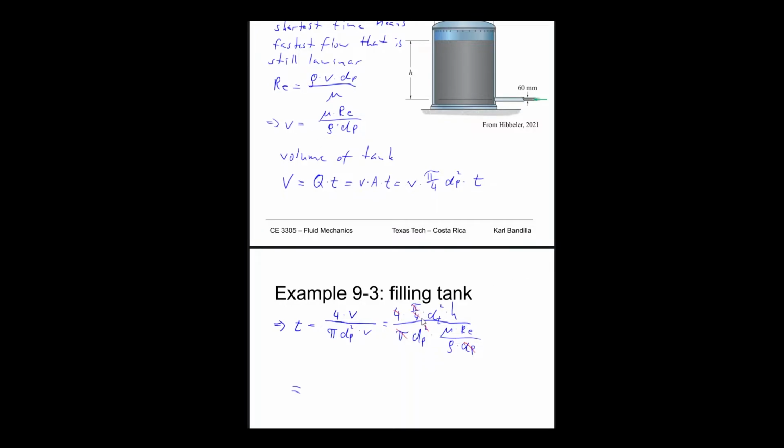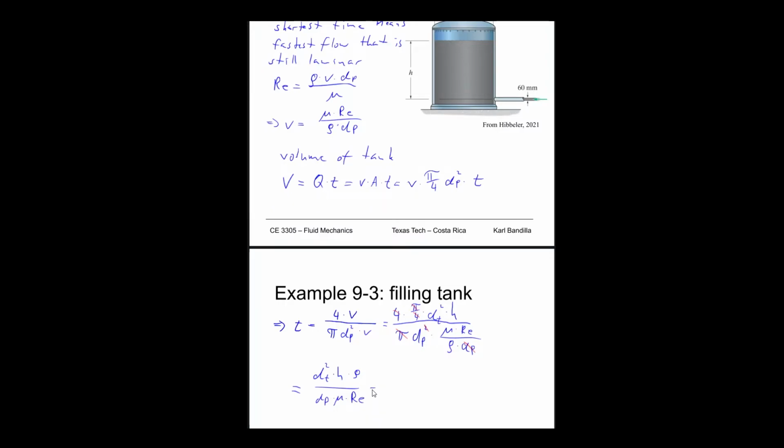So that leaves us, on the top, with dt squared times h. And then from down here, we're left with a rho, so let's put that up there. Divided by dp times mu times our maximum allowable Reynolds number.